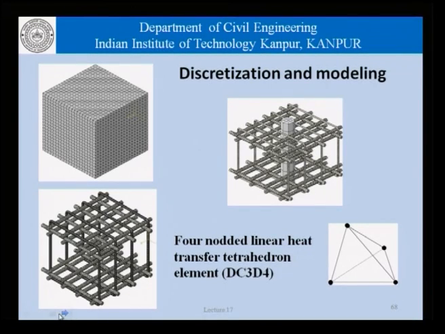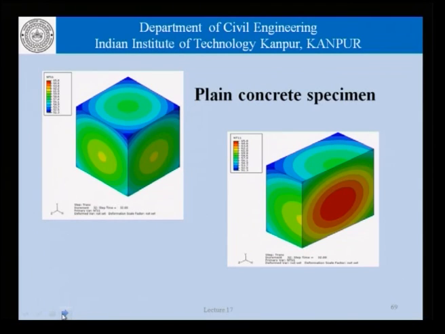If we look at the discretization and the modeling issues, this is the mesh of reinforcement which was used in the concrete. This here is the sleeve which has been kept, and this of course is the plain concrete. 4-noded linear heat transfer tetrahedron elements were used in the analysis, and these are the results that we get in terms of temperatures for the plain concrete specimens.